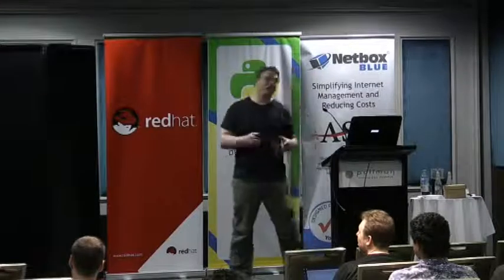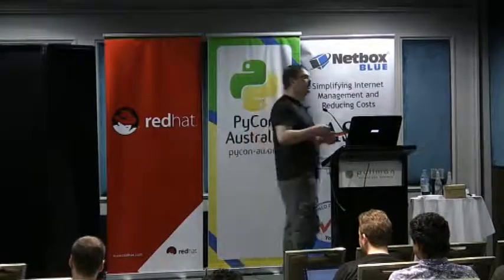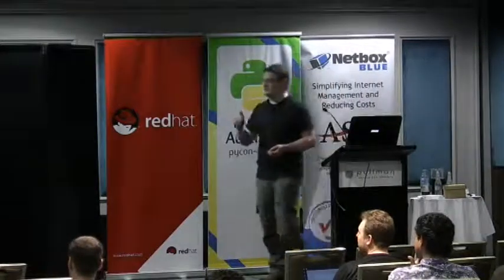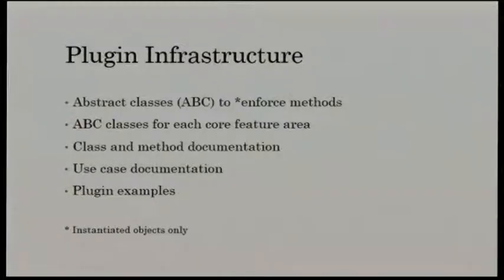And the idea here is to make things as self-documenting as possible so they don't have to go to external solutions. They can look at the code themselves to work out exactly what the methods do, what the use cases are, as in what methods get executed where and in what order, or if they're standalone. And also, providing decent examples of your own plugin infrastructure is going to be helpful when they're working examples.